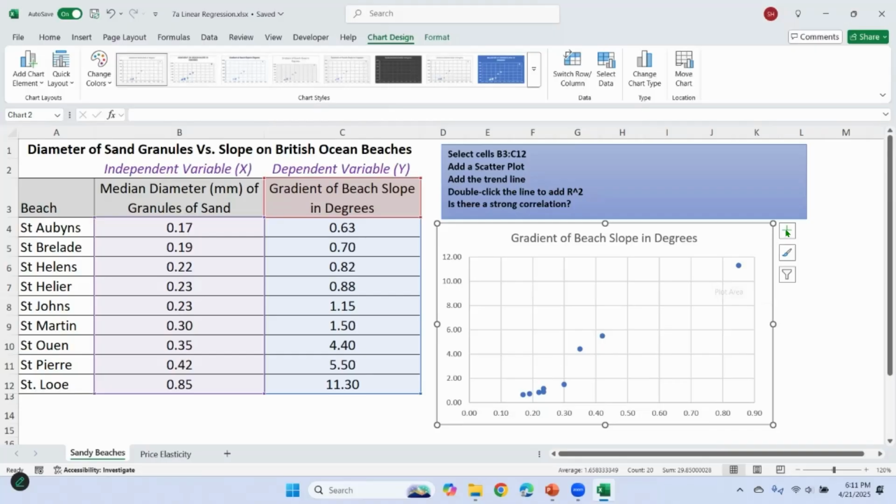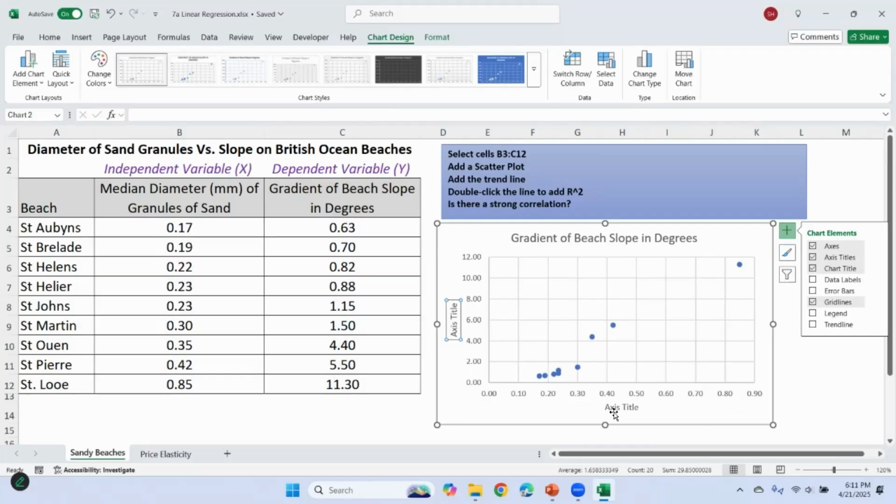Let's go to the chart elements, and this time we will add the axis title. Always we used to remove this, right? So this time we need it. We need the axis title, so let's turn that on. In the horizontal axis, we always keep the independent variable.